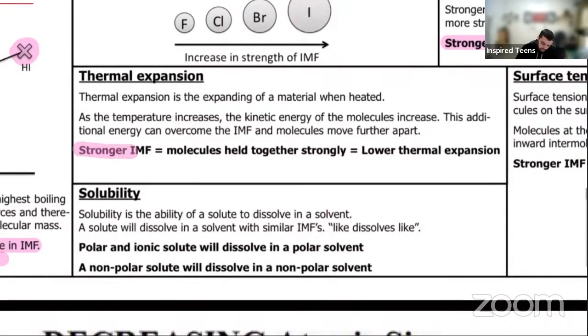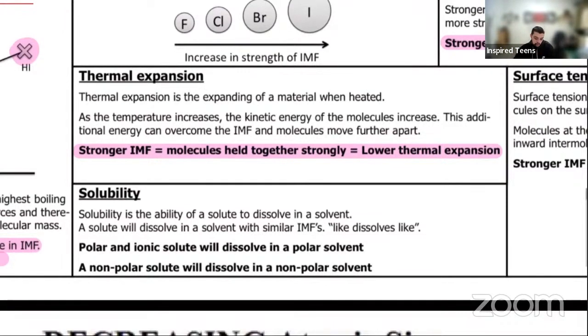A stronger intermolecular force equals molecules held together strongly equals lower thermal expansion. So the lower its thermal expansion ability is, the stronger the intermolecular force. So the less likely it is to expand when heated, the stronger its intermolecular force, because that makes sense, right? It's resisting expansion because the forces between it are strong, trying to keep it together.